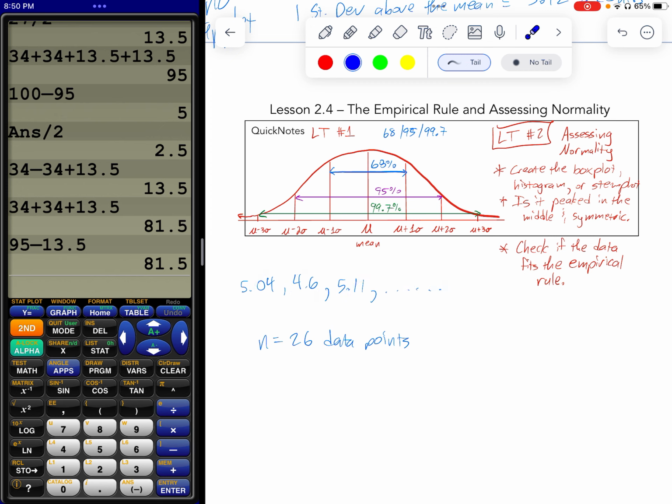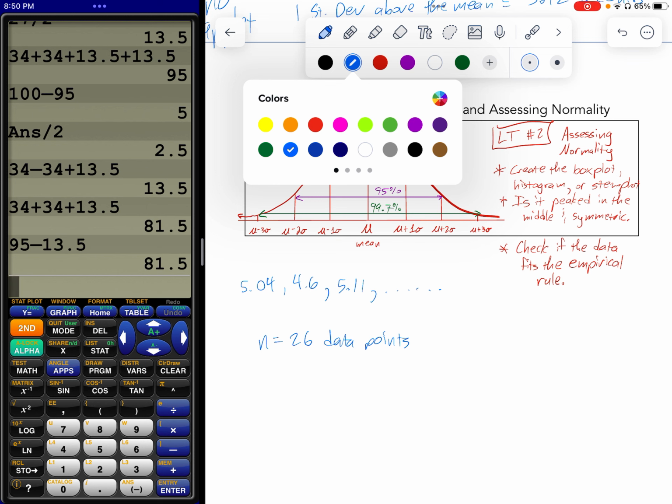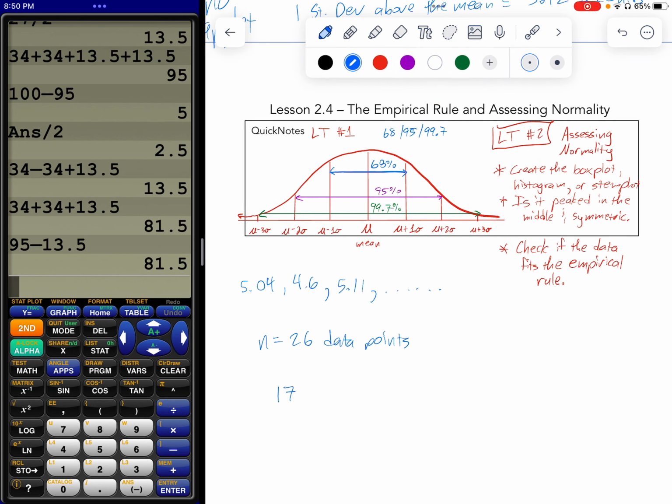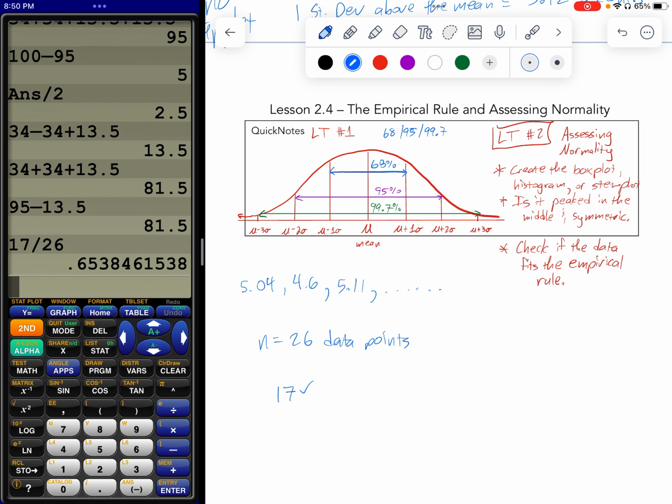I'm just kind of making that up. And then you'd have to divide. Let's say you found that there were 17 data points that fit. Well, then you'd say, 17 divided by 26 is 65%. You're going to have to decide for yourself, is that close enough? Close enough to 68%? Yeah, it's pretty close.